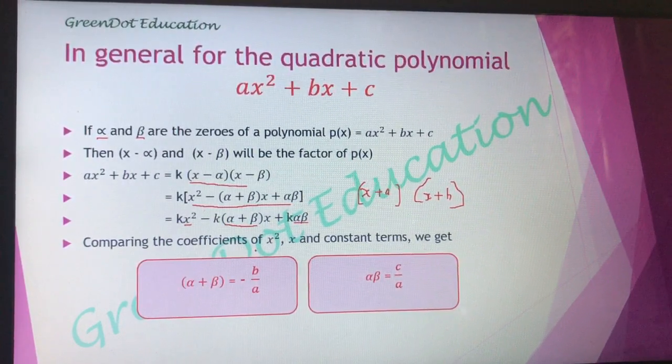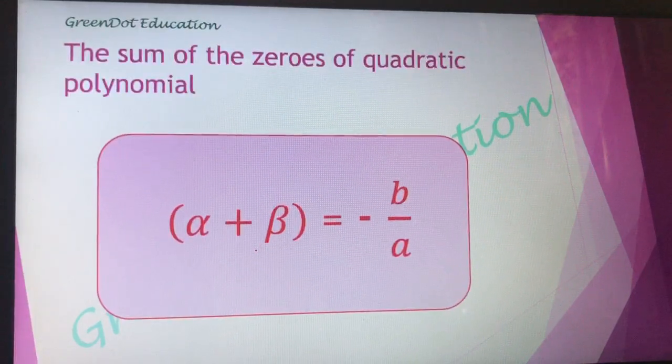This means that the sum of the zeros will be equal to the negative ratio of the coefficient of x to the coefficient of x square. This is the sum of zeros.